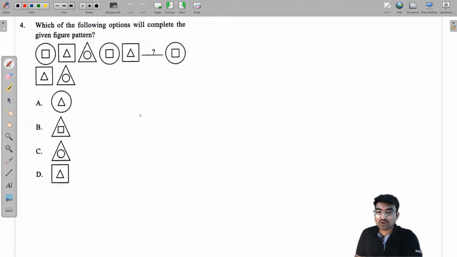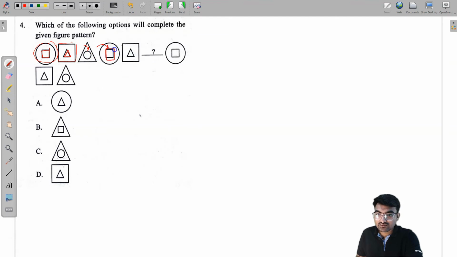Which of the following options will complete the given pattern? Okay, see, circle is there, inside it is a square, right? Then square is there, inside it is triangle, then again triangle to circle, then circle to square, again square.